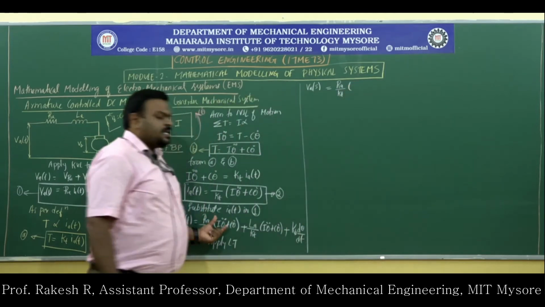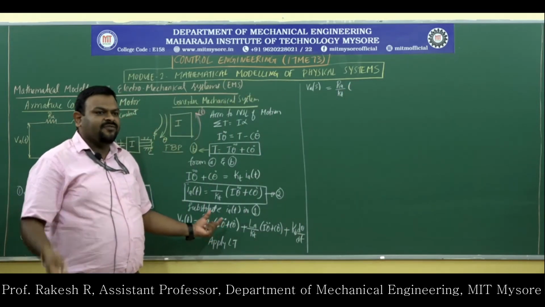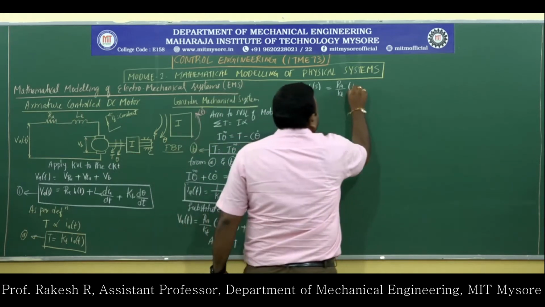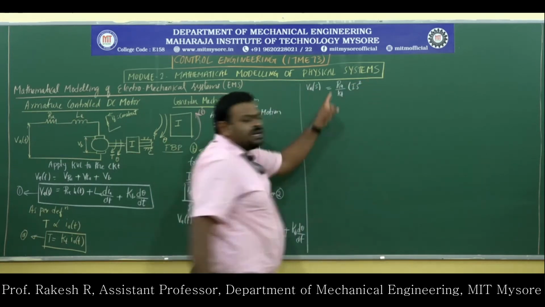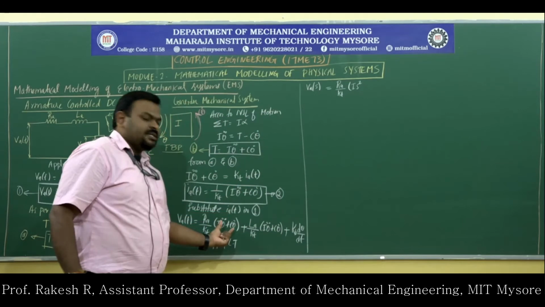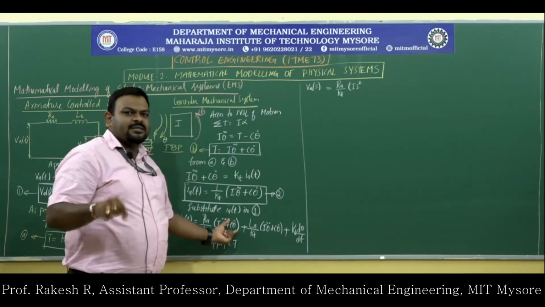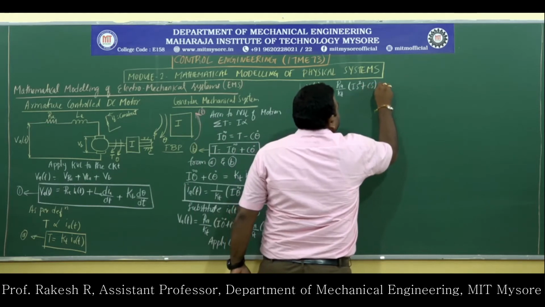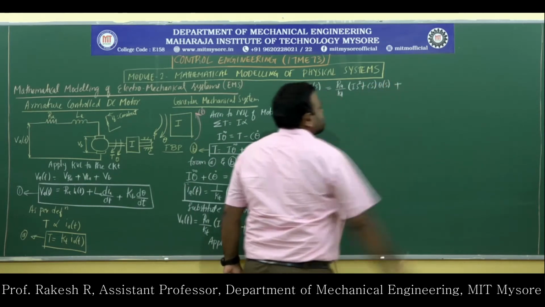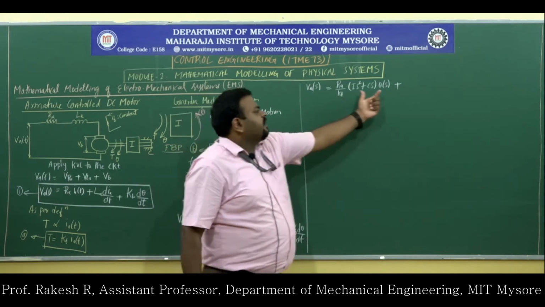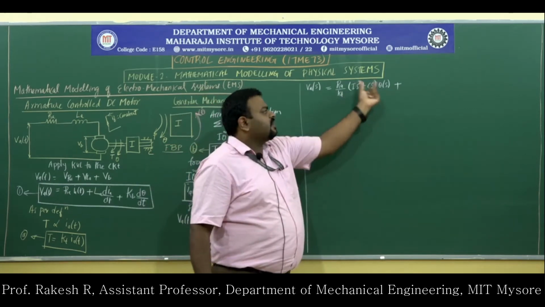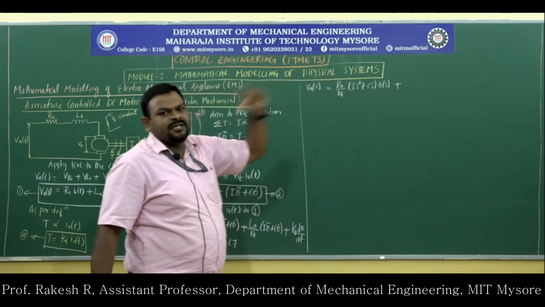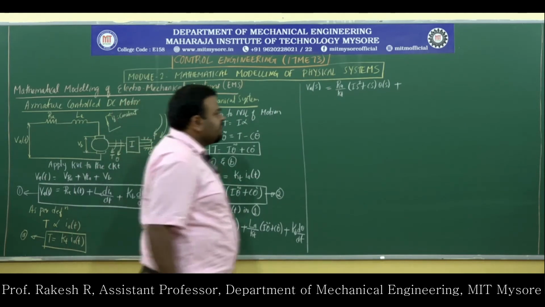If I apply Laplace transformation for theta double dot, it will be S square into theta of S. So I S square into theta of S plus C theta dot is C S into theta of S. So I S square plus C S into theta of S. I have taken theta of S as common in both the terms, hence theta of S is written only one time, then LA.